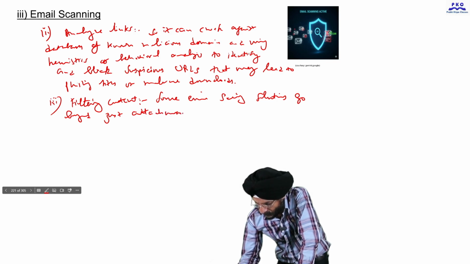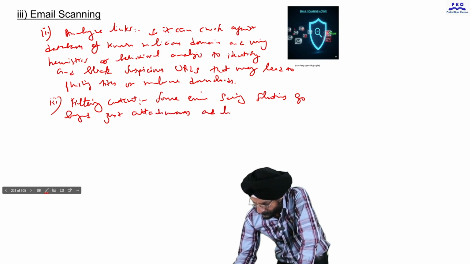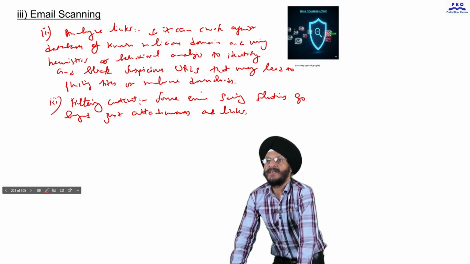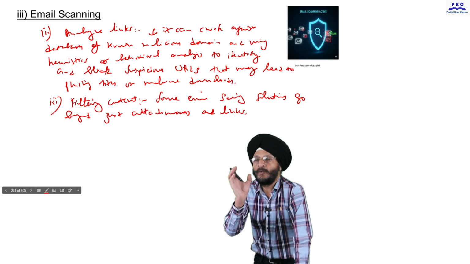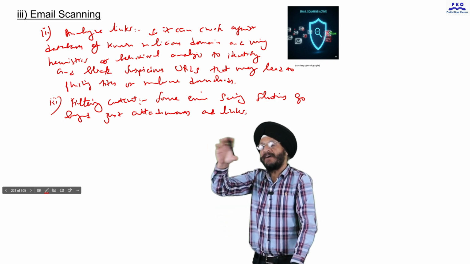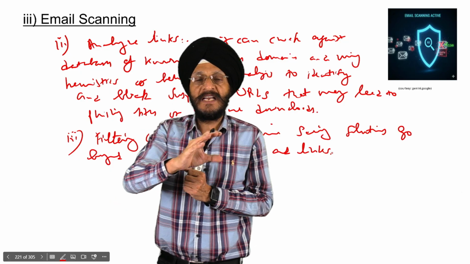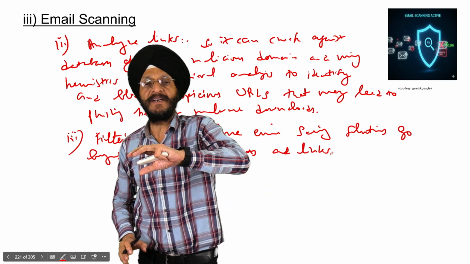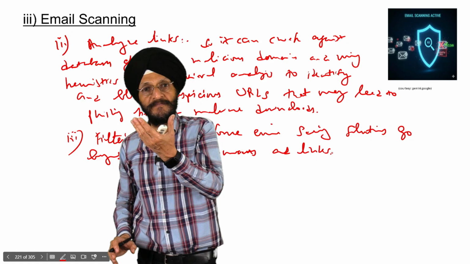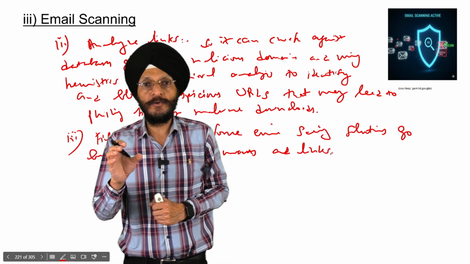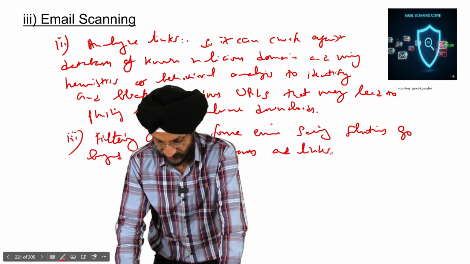That is, in addition to links and attachments, email scanning solutions also filter the contents. Contents means what is written in the email, other than attachments and links. What is stated in the email? It is the content of the mail. So, some email scanning solutions also filter the contents.